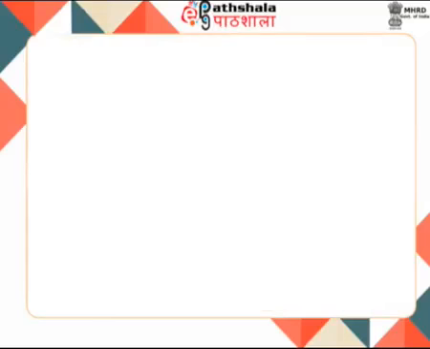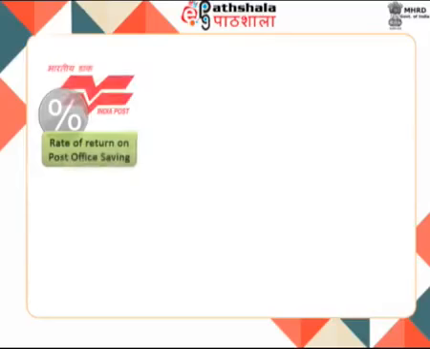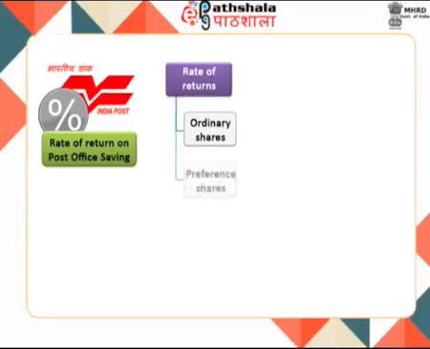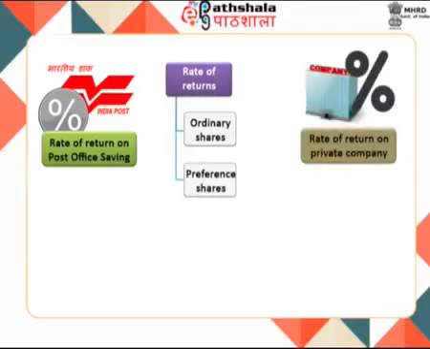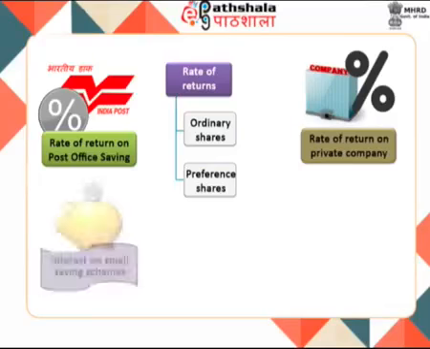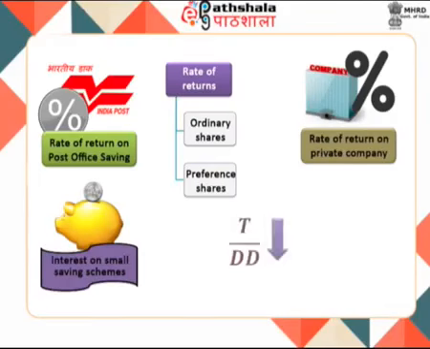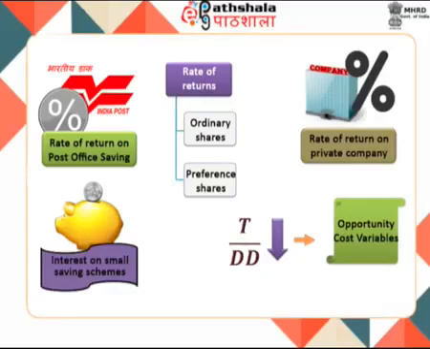The interest rates, which can be treated as opportunity cost variables, are rates of return on post office savings deposits, rates of return on ordinary and preference shares, rates of return on private company deposits of various maturities, along with the rates of interest on small saving schemes. The T upon DD ratio is a decreasing function of these opportunity cost variables.